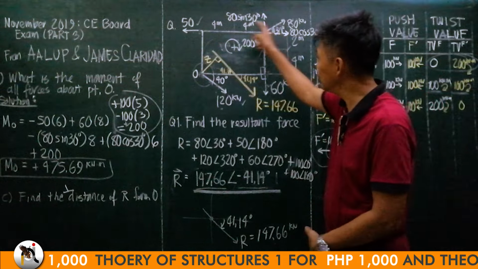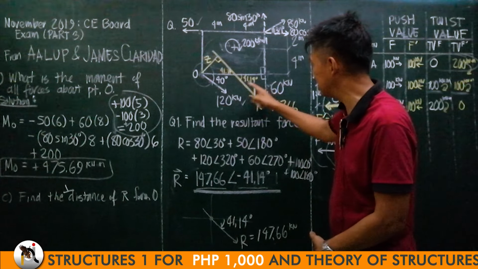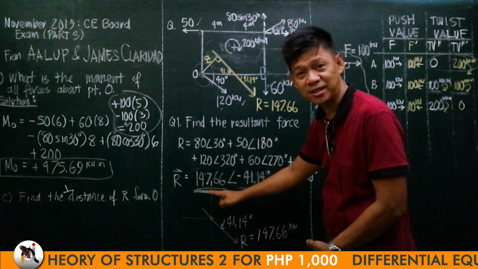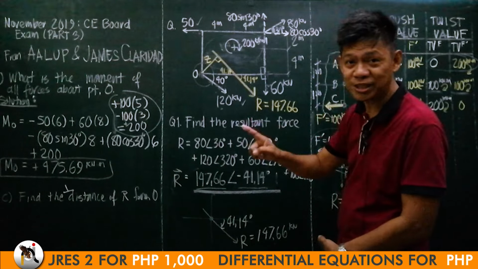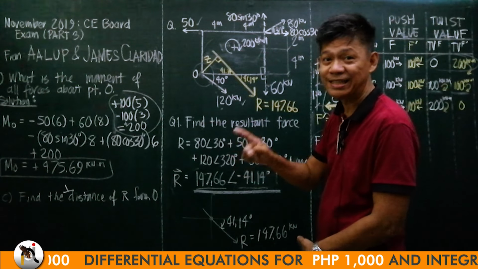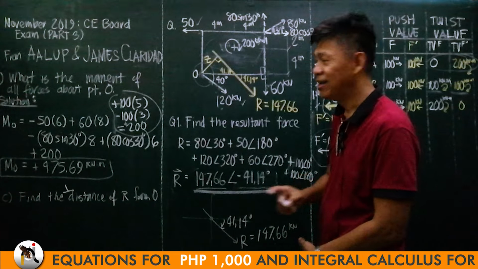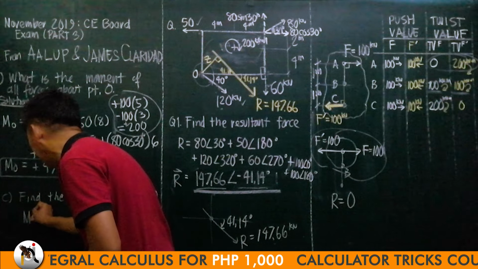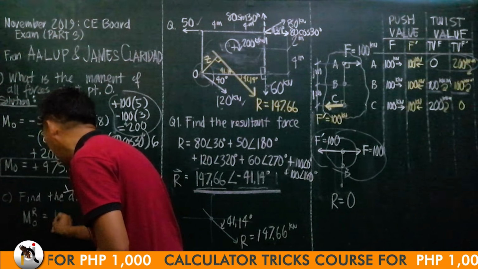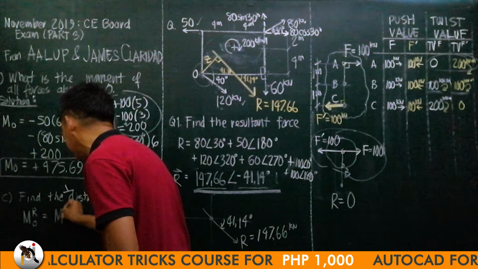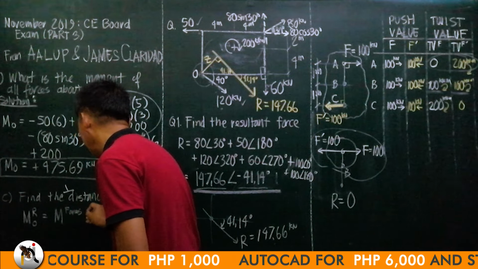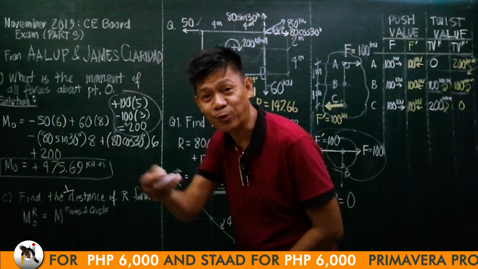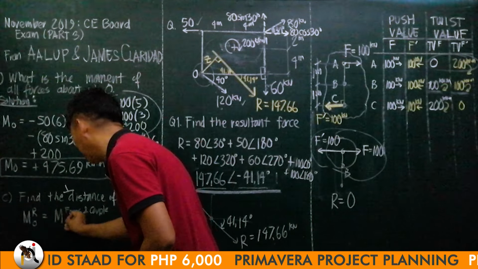So the push value of this, and this, is equal to 147.66. But its twist value will be dependent on its position. So we say that the twist value or moment of the resultant about O is equal to the moment of forces and couple, which is the twist force 200 kilonewton meter about point O.